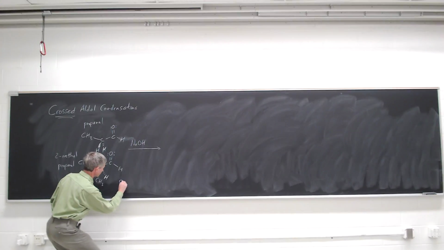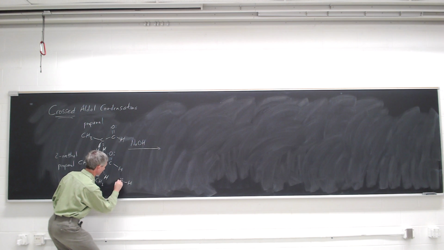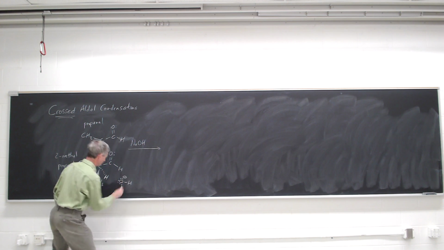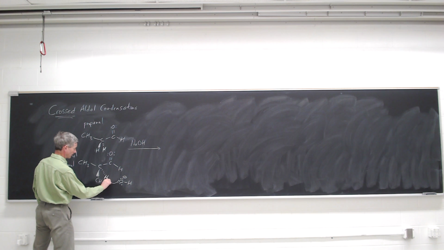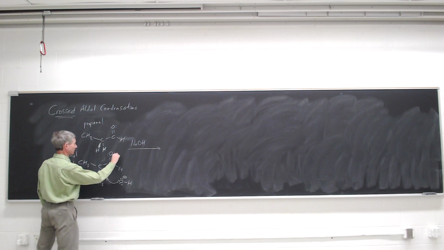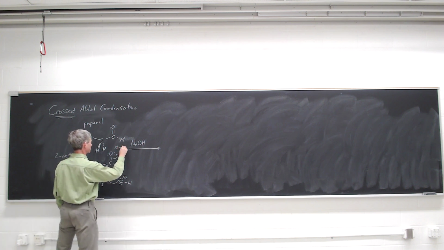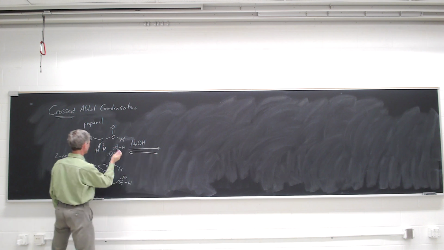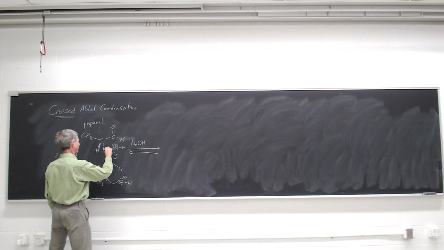There are alpha hydrogens on both of these carbonyl compounds. So logically, we form enolates from both of them, and this is an equilibrium reaction.